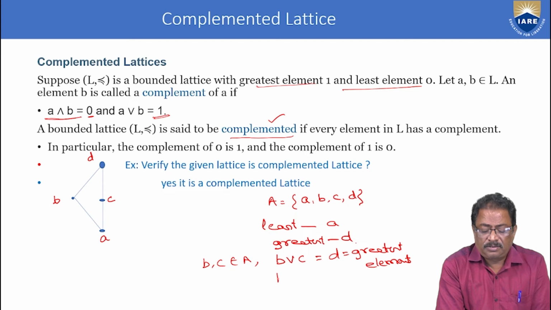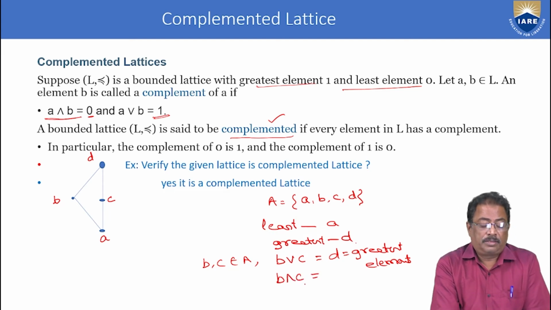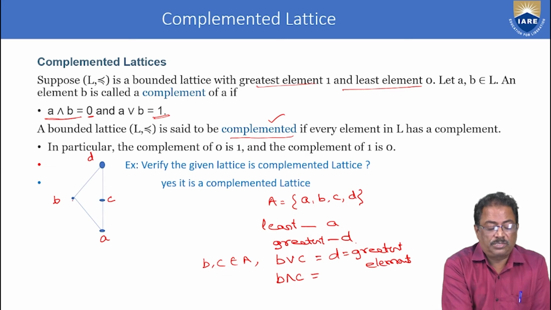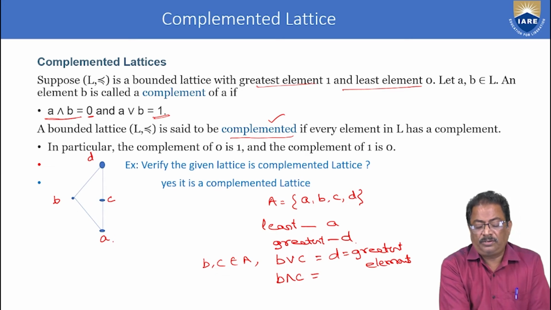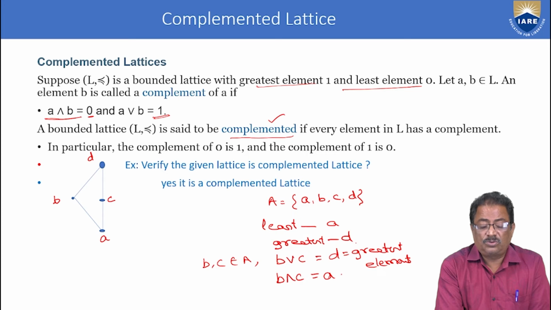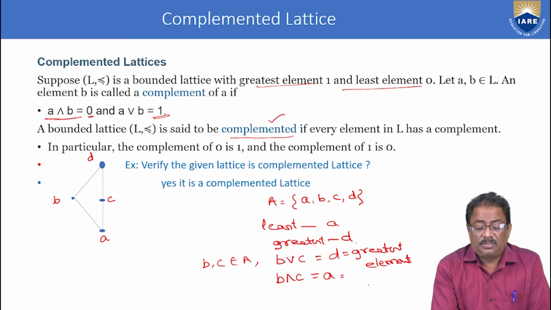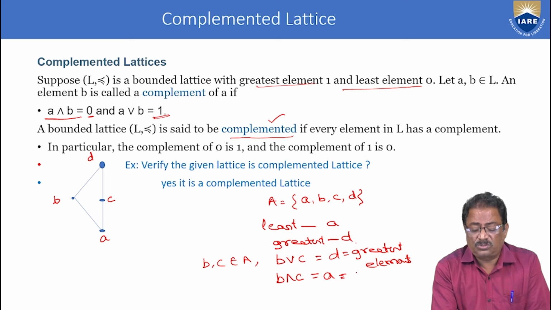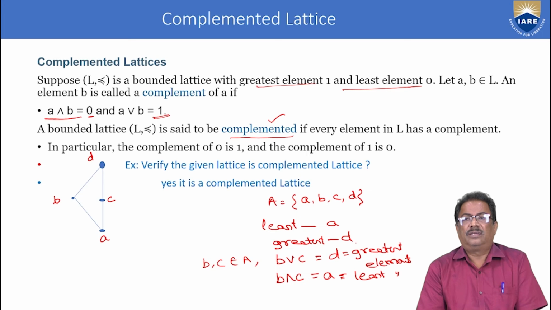And next, the greatest lower bound is only A. The greatest lower bound is also A, which is equal to the least element.